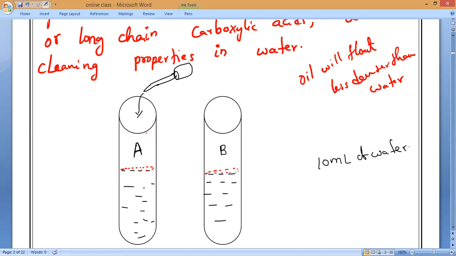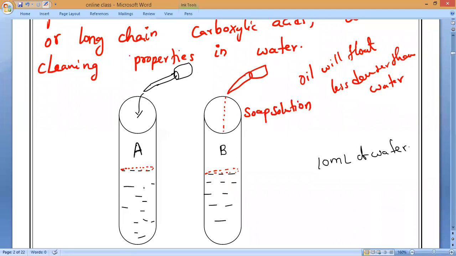Now I have named them A and B. In test tube A, I added only oil. In test tube B, after adding the oil, I am adding what, guys? A few drops of soap solution.